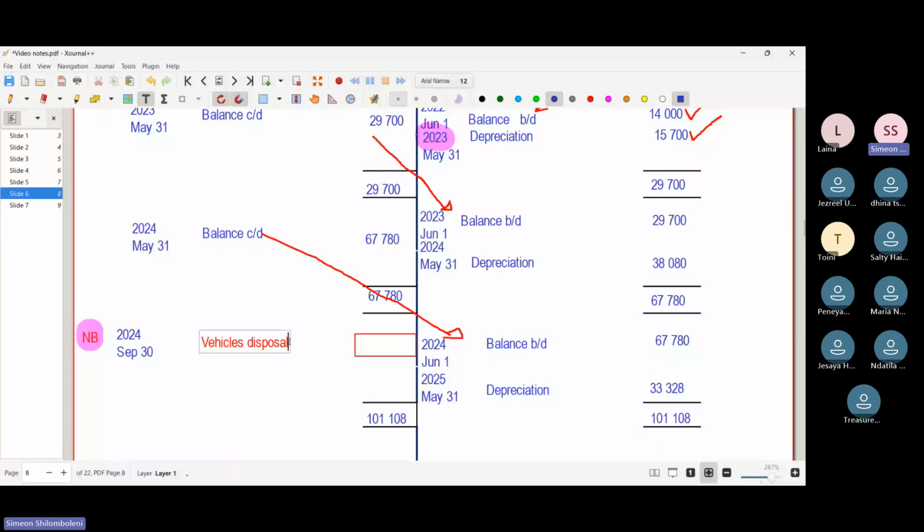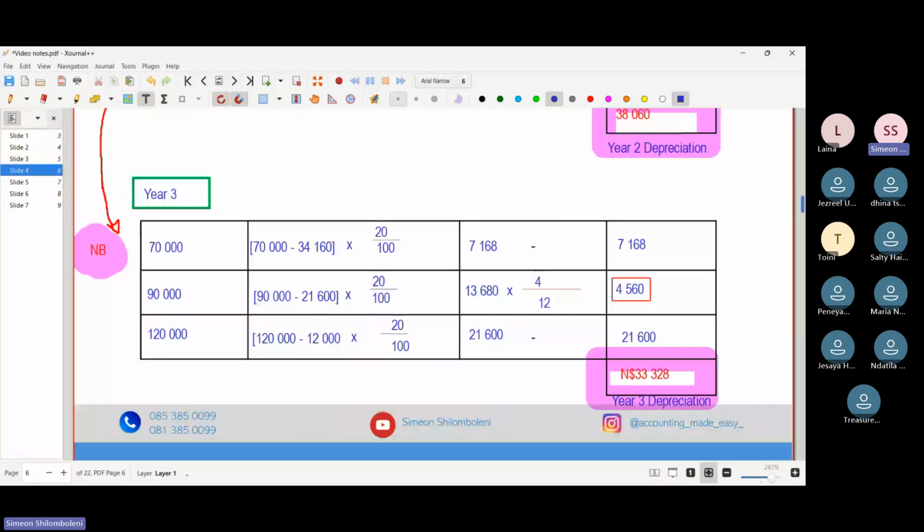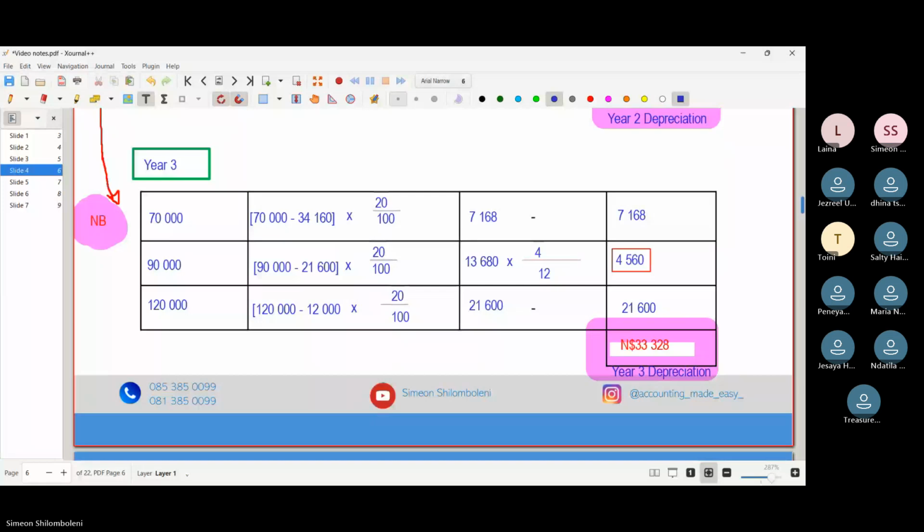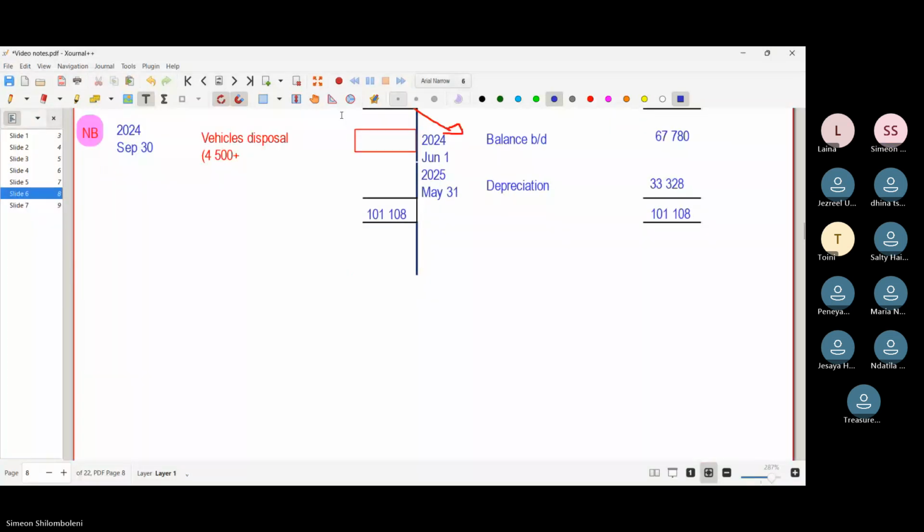You are going to take out 4,500 plus, I'm not remembering these figures, 17,100 plus 5,460. Then how much is our total that needs to be taken out? 26,160.